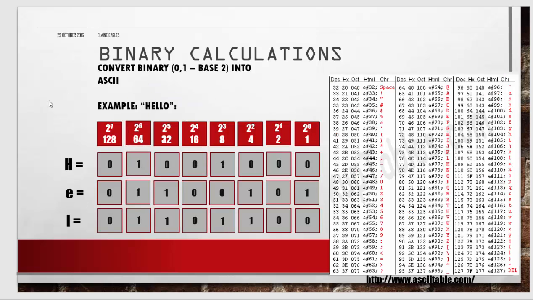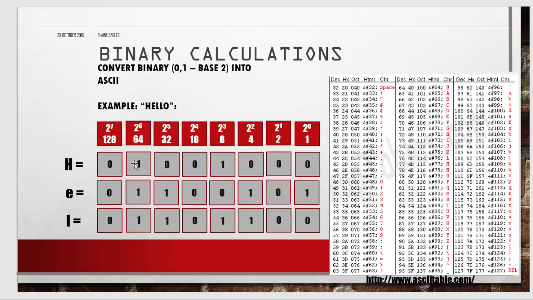So going back to binary, I'm not completing hello, but this is the start of hello. H, go back to your ASCII table, you see H is 72, so you need to represent a 72 with your 8 bits, which is what is used for the ASCII table. The first 7 are used for the main characters, and then you have the extended ASCII table as well, extended character set.